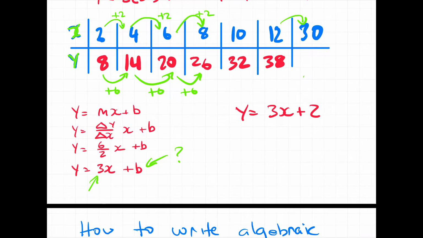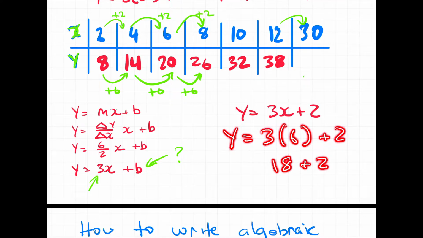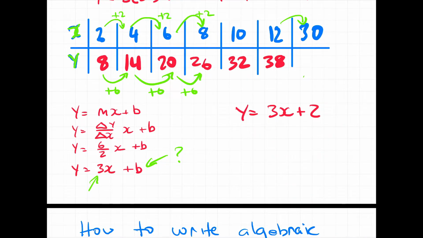We're going to rewrite this again. y equals 3 times 6, the x value, plus 2. What is 3 times 6? It's 18 plus 2. What is 18 plus 2? It is 20. So in this case, right here, we can see that we are correct. So we know that we're correct all the way along.